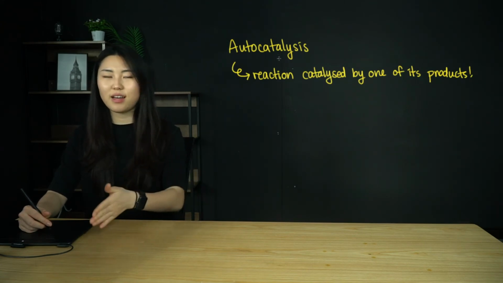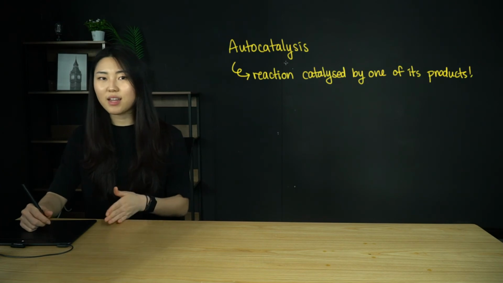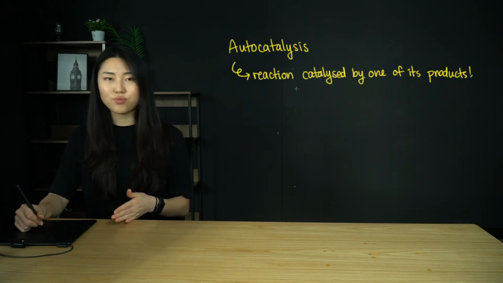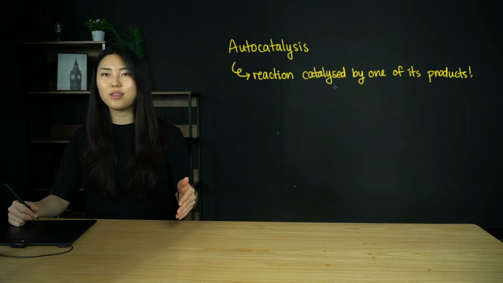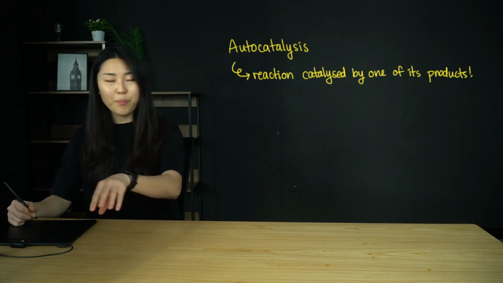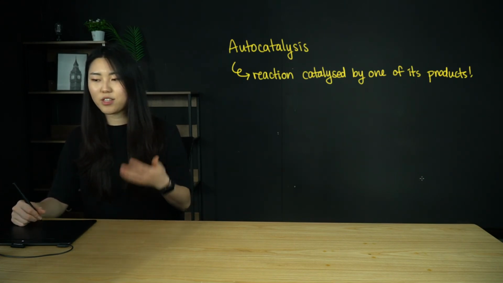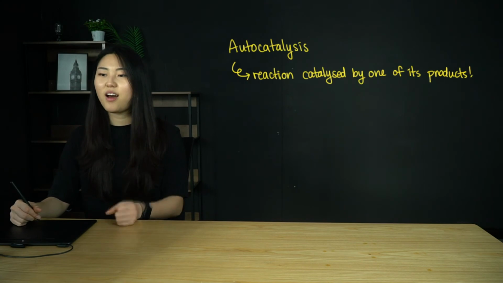This is basically the last catalysis example that I'm going to go through. This is a reaction catalyzed by one of its products. So when it produces its products from a reaction occurring, one of that product is going to be the catalyst. So it's probably homogeneous, right?